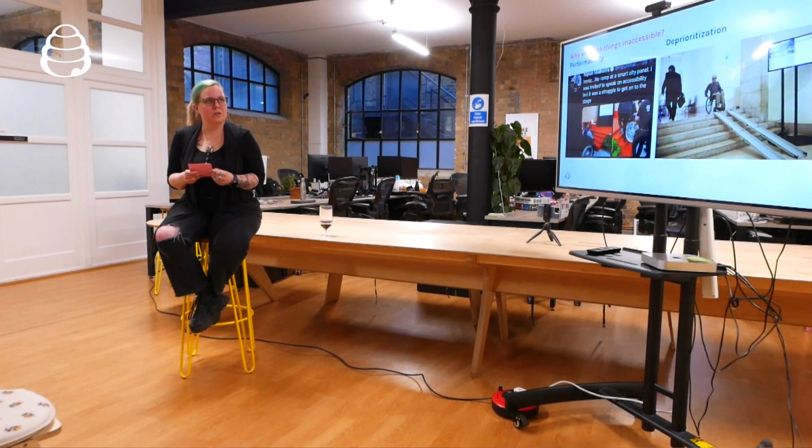So why do we make things inaccessible? One of the first thoughts on why we make things inaccessible is our own personal biases. As humans we tend to reflect our own experience, or our limited understanding of somebody else's experience, into the way that we see the world.